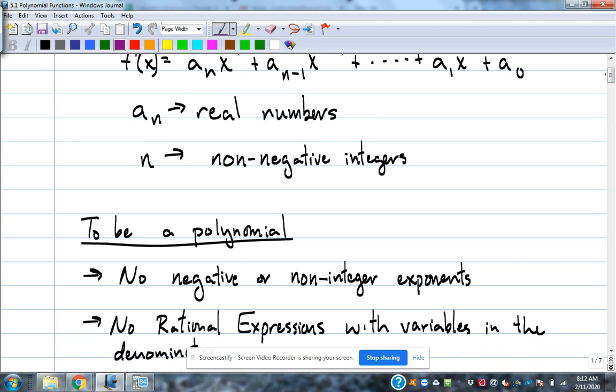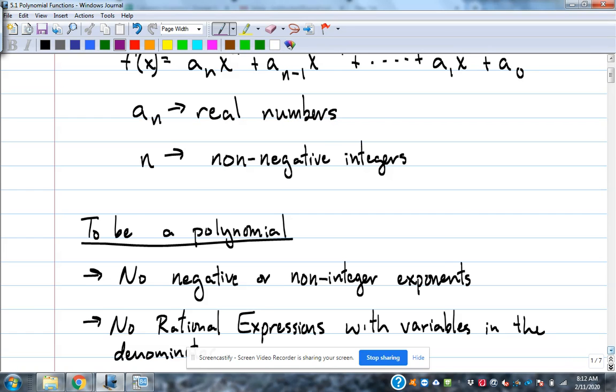To be a polynomial, there are certain things that you have to satisfy. One is that you have no negative or non-integer exponents. What does it mean to be non-integer? Fractions. So no fraction exponents and no negative exponents. If we've got fraction exponents or negative exponents, then that expression cannot be considered a polynomial.